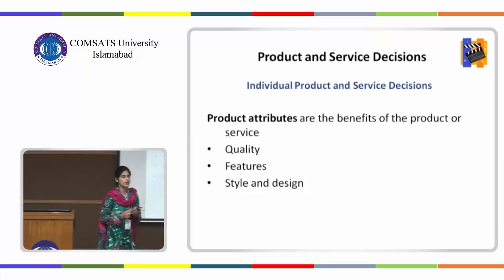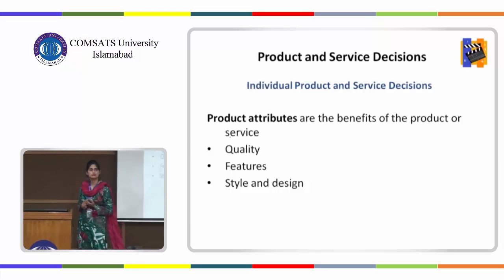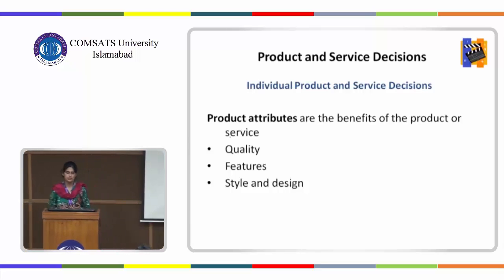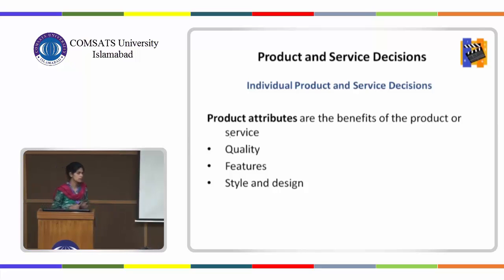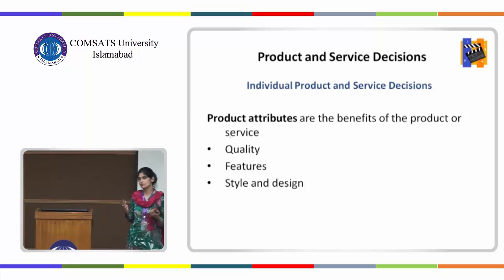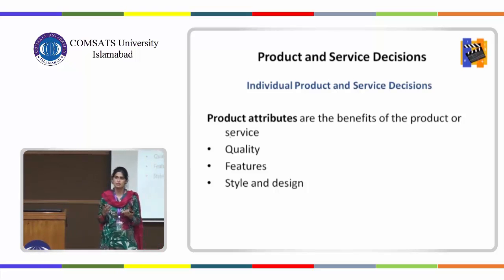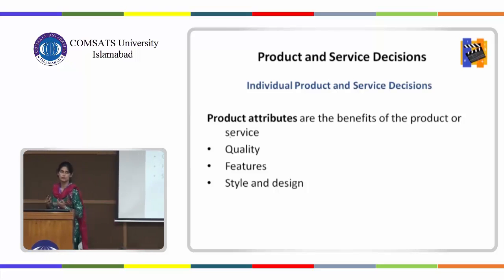Now, what are product attributes? Product attributes are the benefits of the product or service. What benefit or what good are you seeking from the product? That is a product attribute. There are many important components of a product attribute.